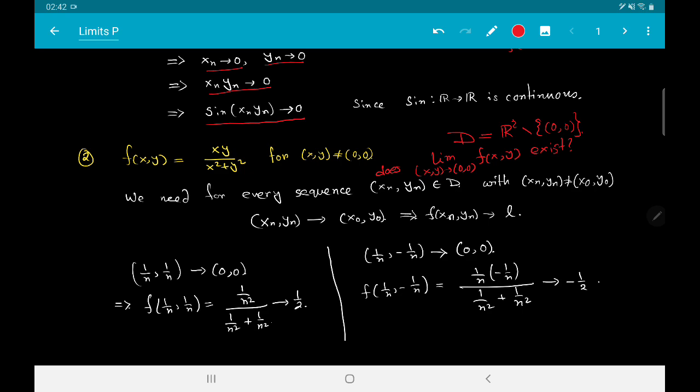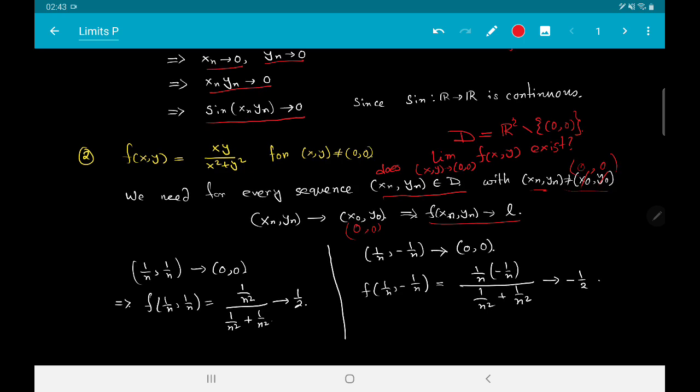In order to check if this function has a limit as (x, y) tends to (0, 0), I need to check that for every sequence (xn, yn) in D with (xn, yn) not equal to (x0, y0), in this case just (0, 0), (xn, yn) converging to (0, 0) must imply that f(xn, yn) converges to L. Suppose I take the sequence (1/n, 1/n), which converges to (0, 0).